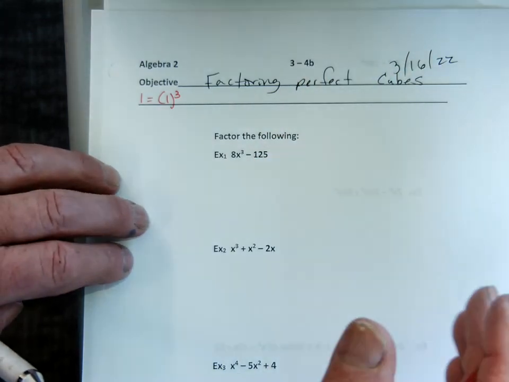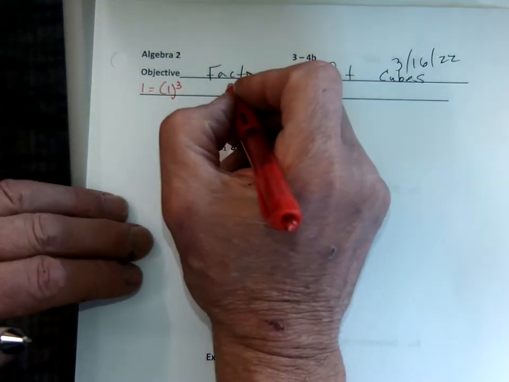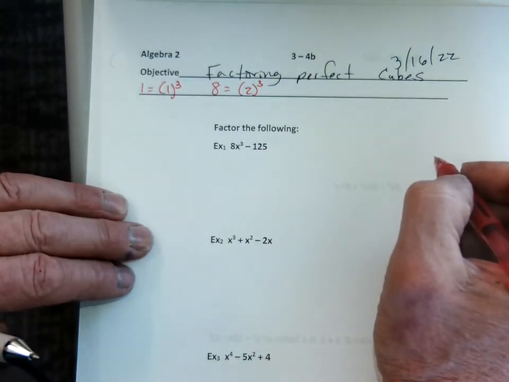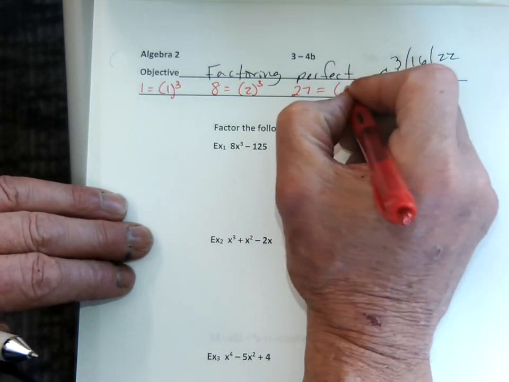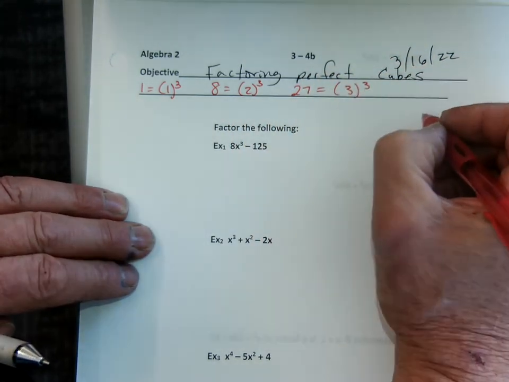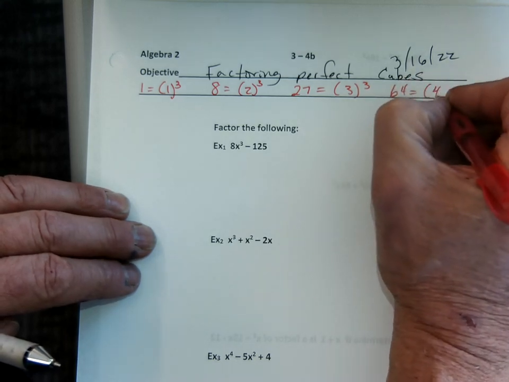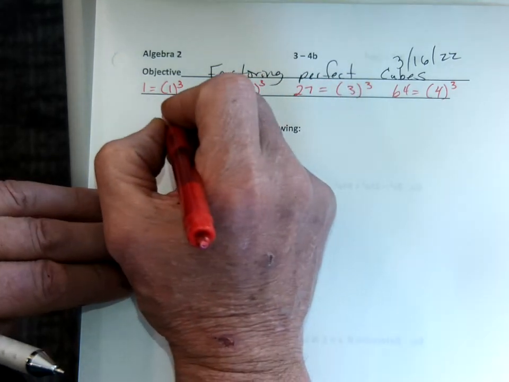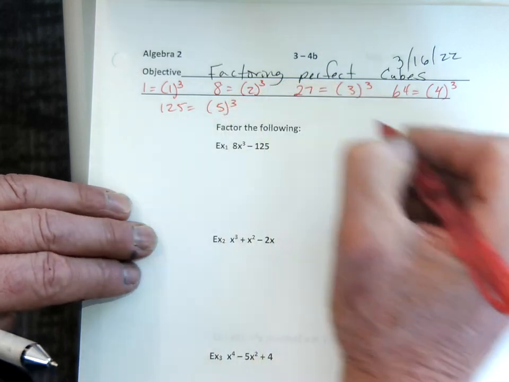That seems obvious, but it's going to be helpful to write it down. 8 is the same thing as 2 cubed. 27 is 3 cubed. 64 is 4 cubed. 125 is 5 cubed.